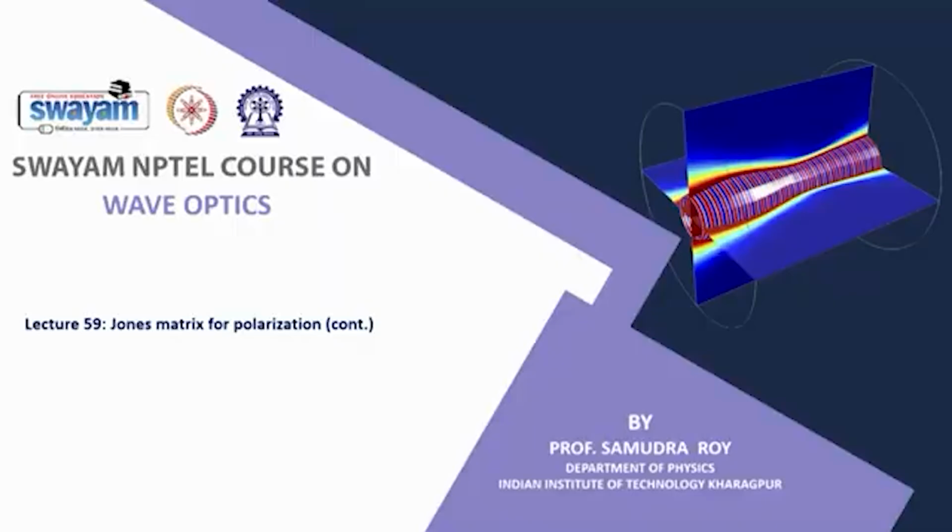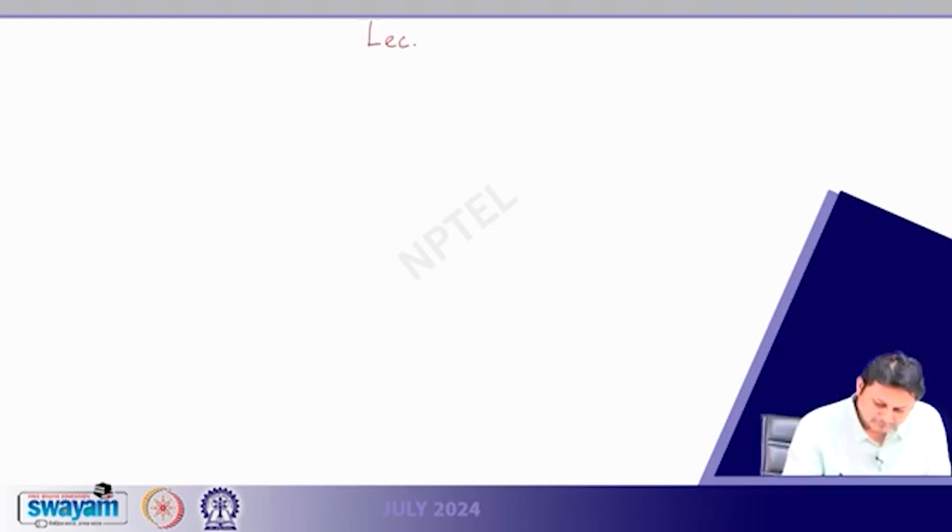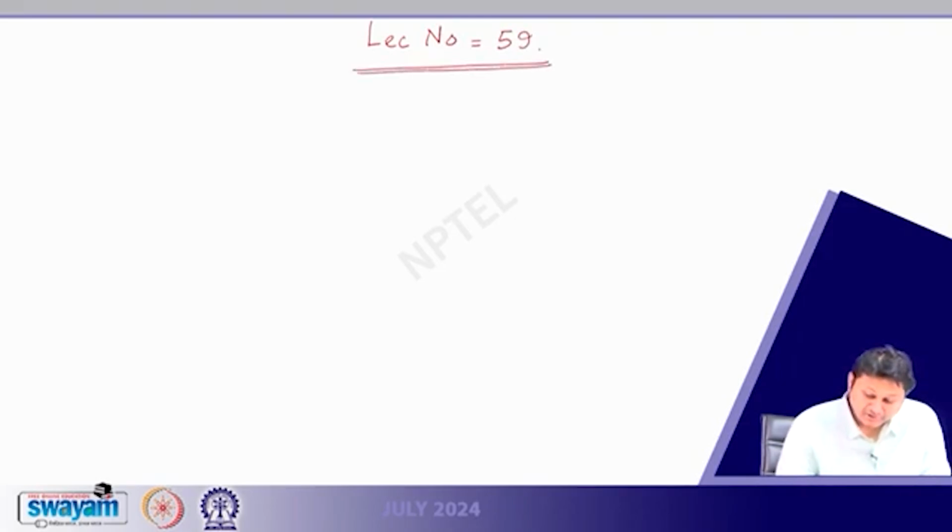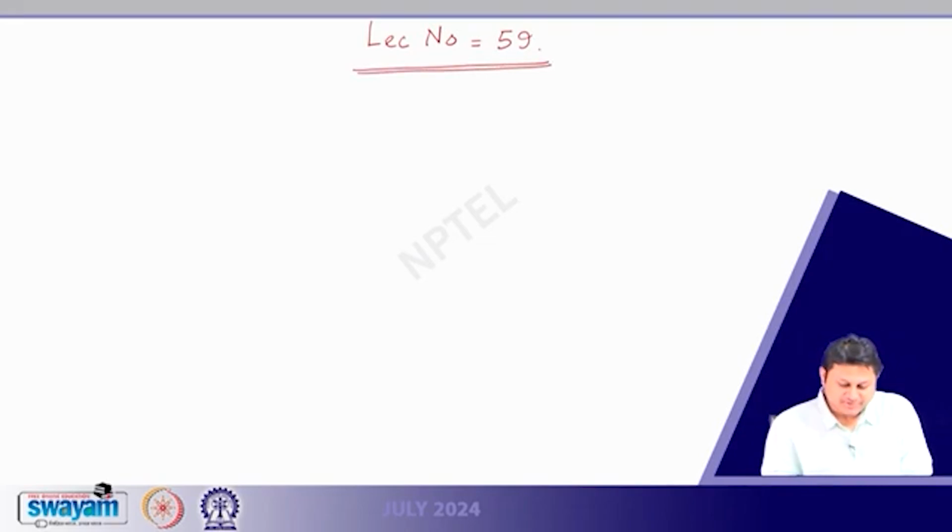So today we are going to discuss this Jones matrix formalism that we have been discussing for the last few classes. So we will continue with this. We have lecture number 59, and we will continue our discussion on Jones matrix, which is important.